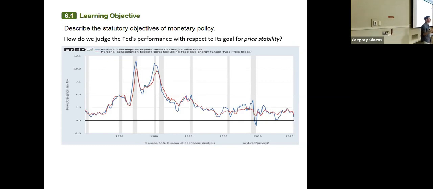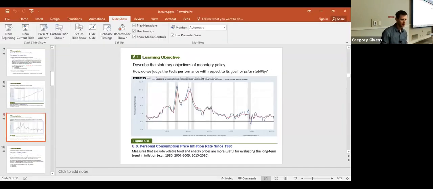What type of inflation is the Fed actually looking at in practice when it's determining whether it's achieving price stability? Well, again, fortunately, the Fed is pretty clear about what it's looking at. Let me go back to the actual statement of longer-term policy goals.